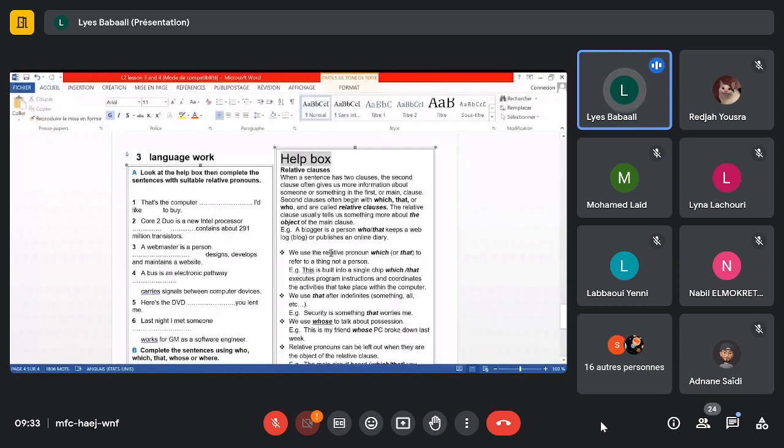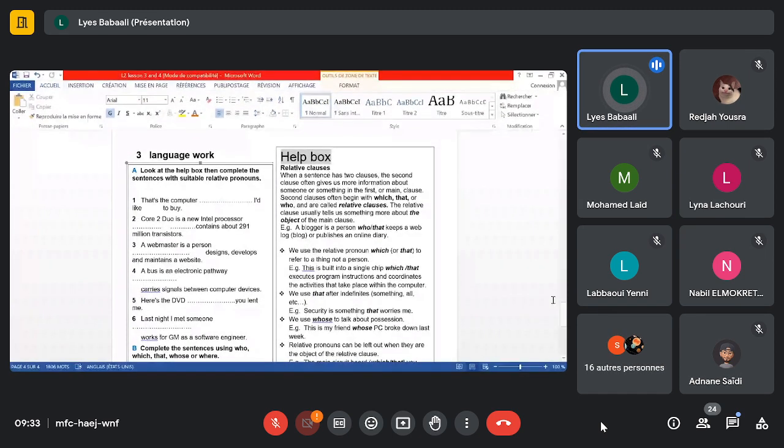Let's try to see if we can do the exercise really quick together, so we can move along to the second part. Look at the help box, then complete the sentences with suitable relative pronouns. I'm gonna do the first and second one, and then we'll see. That's the computer that I'd like to buy.